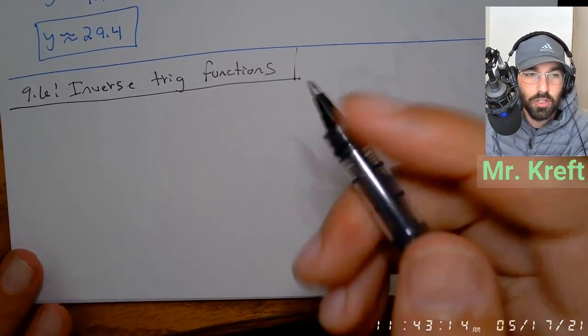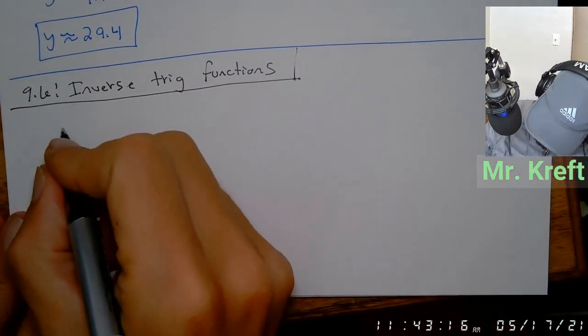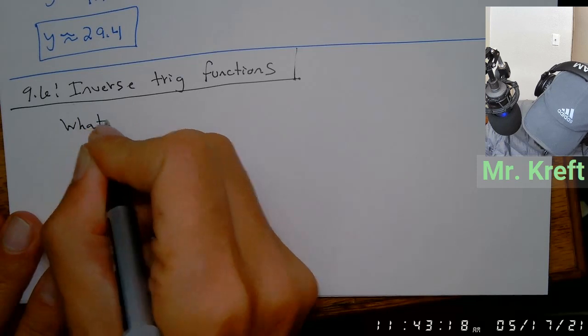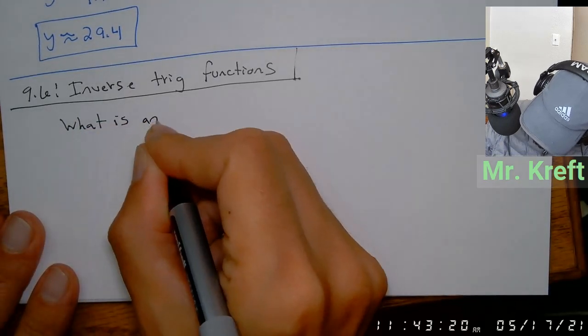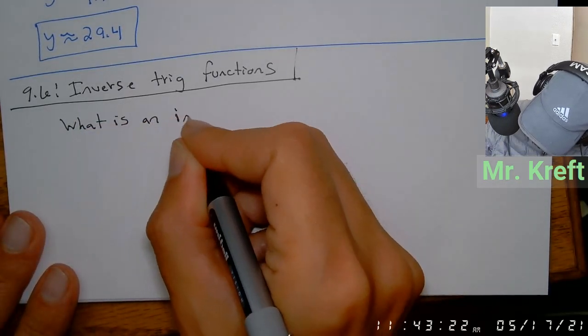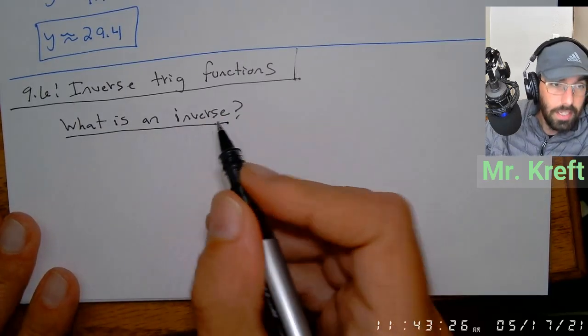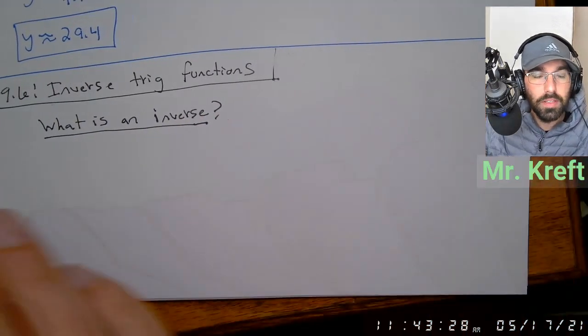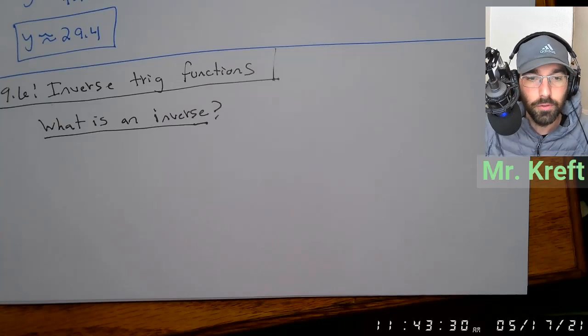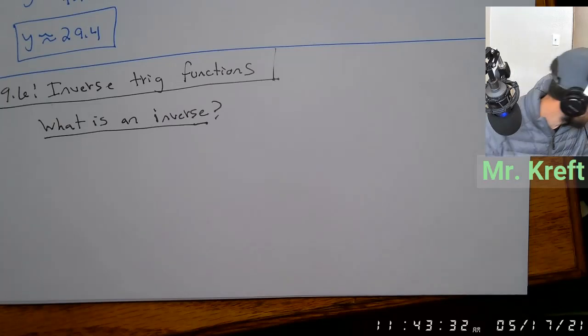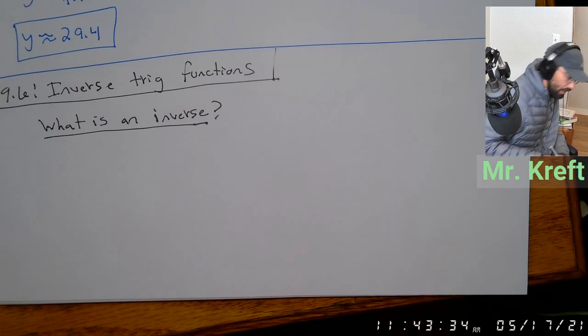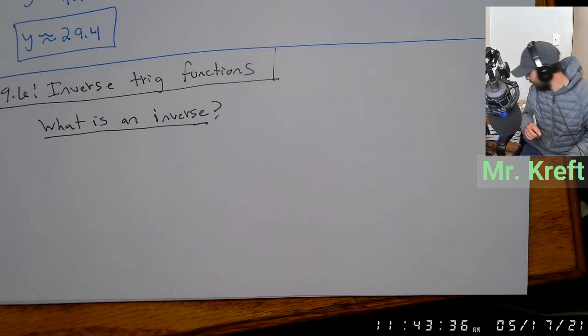So to understand inverse trig functions, we have to understand what is an inverse. Okay, so what is an inverse? So the big thing about what an inverse is, think about your shoes. Now, we talked about this before.